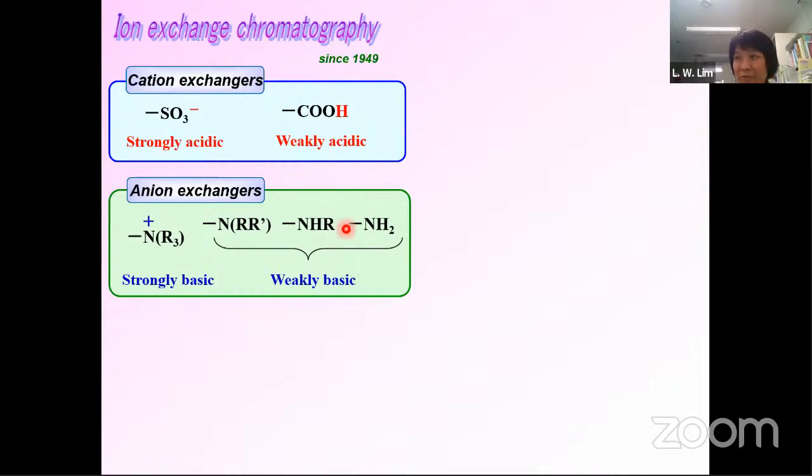Actually, the functional group is almost the same, just that the molecule used for the reaction when they make the column may be different. Most of the time it's aminopropyl. Propyl means there will be three carbons, C3, with the amino group at the end of the chain. That's what we call aminopropyl.